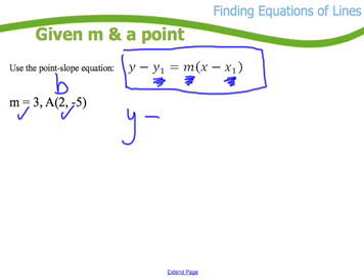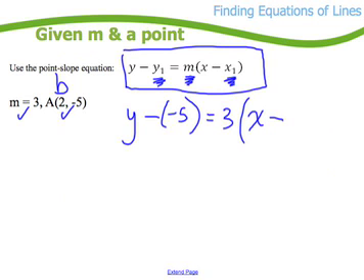So I go y minus the y value of my point, which is always the second one, so it's negative 5, equals the slope, which I know is 3, times x, I leave this one alone, minus my x value, which is 2. Notice when I plug this one in, there were two negatives there, and I put this one in brackets. That hopefully will help me when I go to simplify, so I don't have to fight with negative signs.